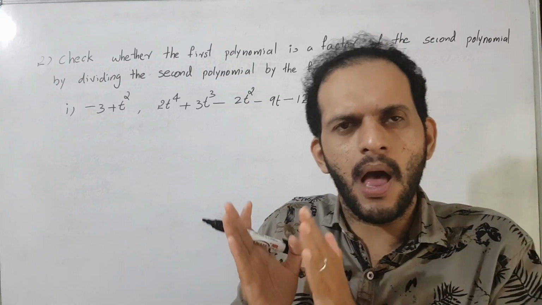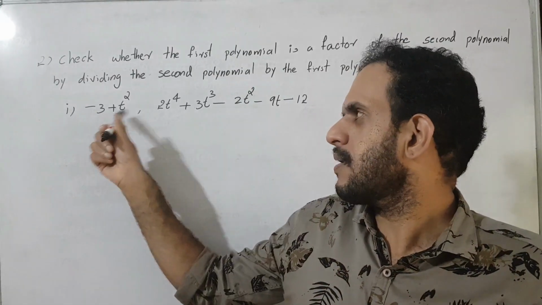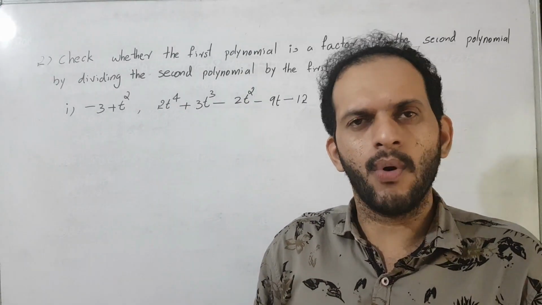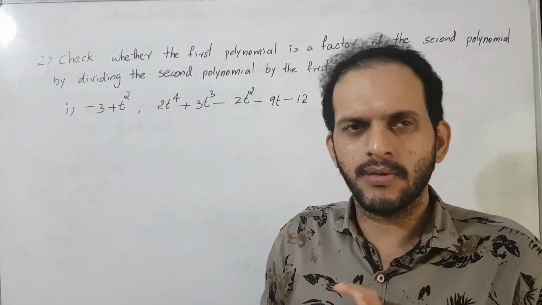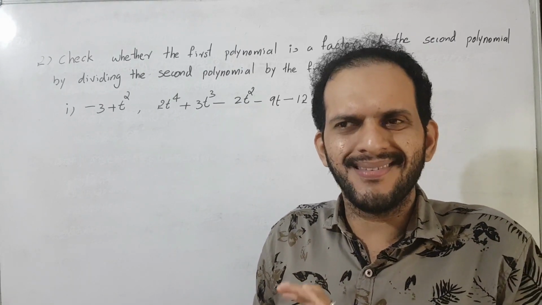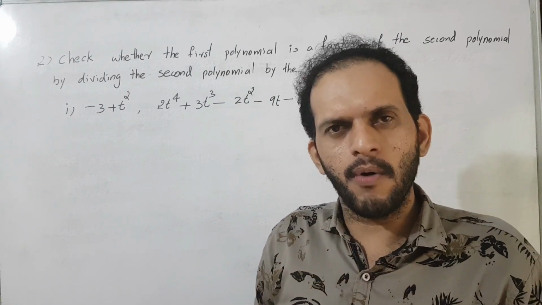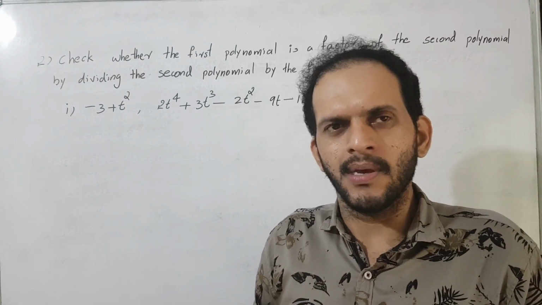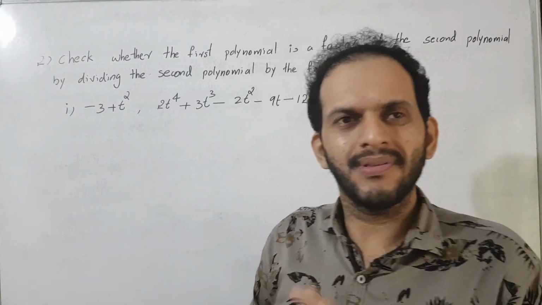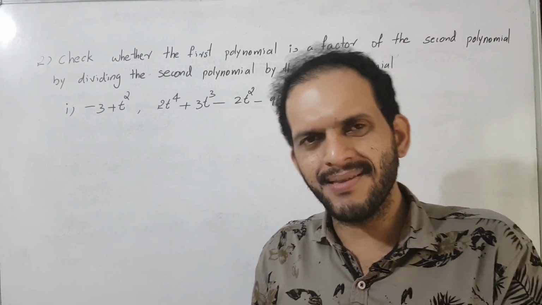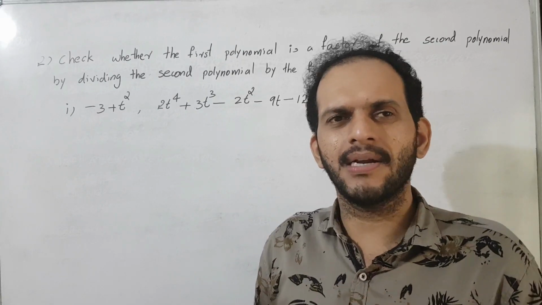But this question asks whether the first one is a factor of the second or not. Okay, the ideas are the same, the division is the same. It is based on the remainder. If we get the remainder 0, then it's a factor, otherwise it is not a factor. That's the only difference.